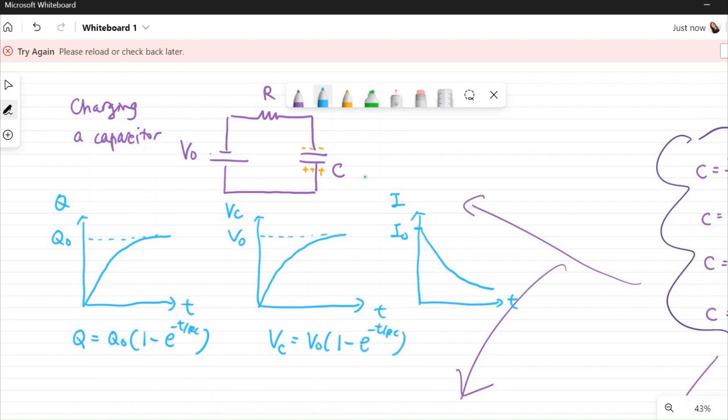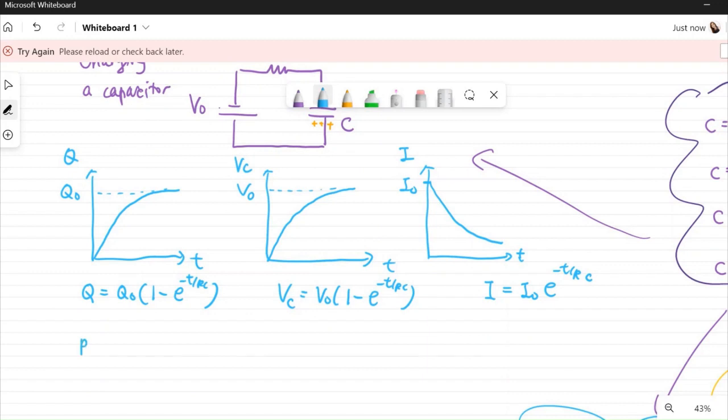However, the current flowing in an RC circuit when the capacitor is charging is reduced exponentially, where the expression is I equal to I naught exponential negative T over RC. So RC here, the product of R and C, we call the time constant. Time constant is the time taken for the capacitor to reach 63% of the maximum value of the charge, right?